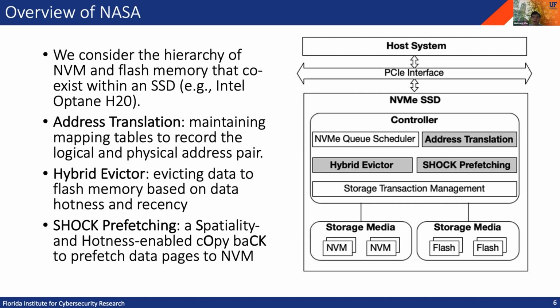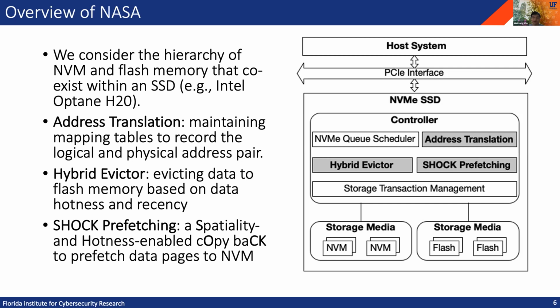Then in NASA, we mainly have three modules. First is the address translation. This module is responsible for allocating physical data addresses to the logical data addresses in the operating system and maintaining the mapping table between them.